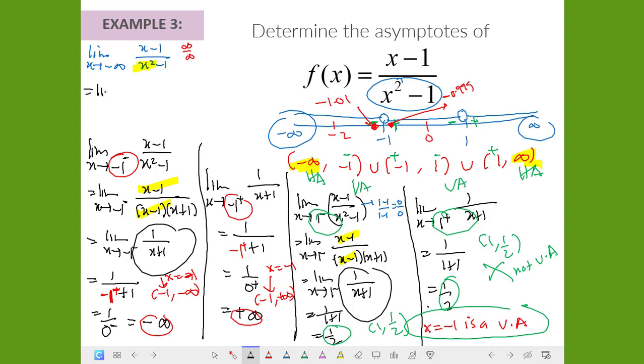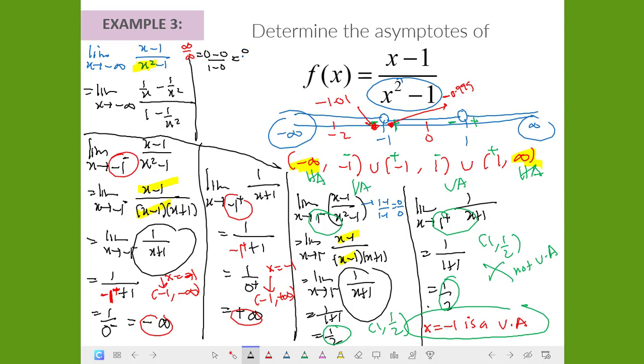So we get (1 over x minus 1 over x squared) over (1 minus 1 over x squared). Then substitute: (0 minus 0) over (1 minus 0), which is equal to 0 over 1, which is 0. Same as this when x tends to positive infinity.